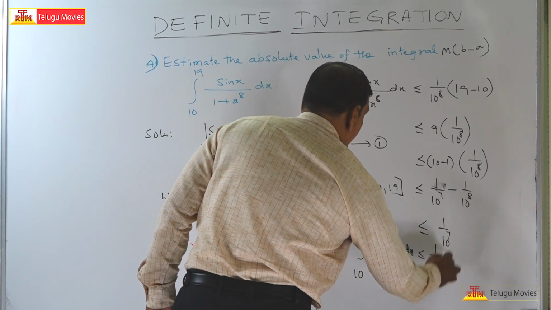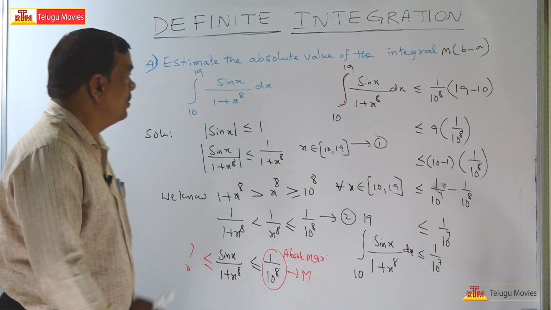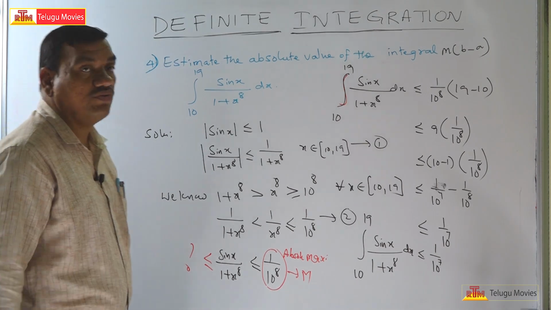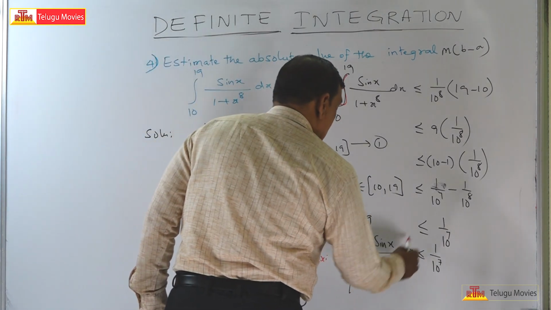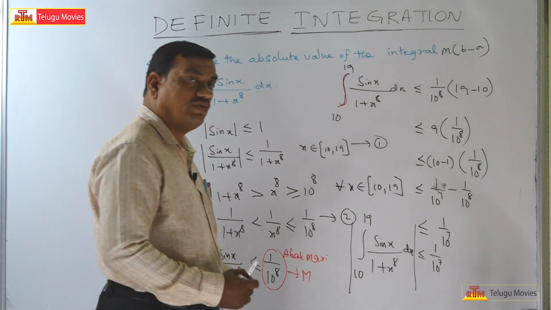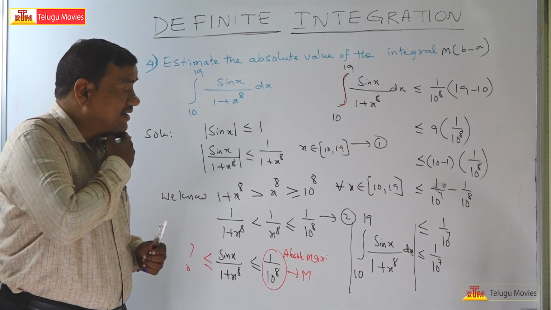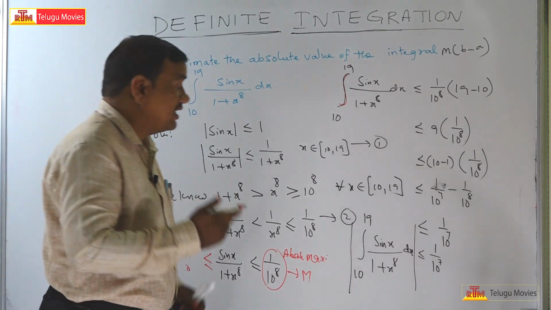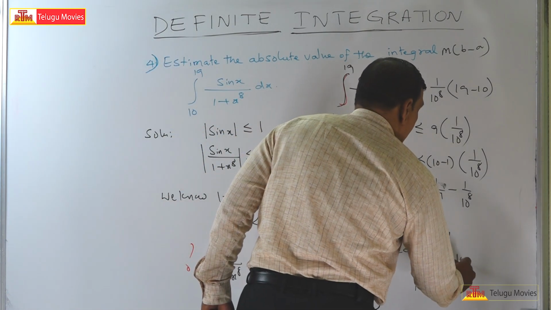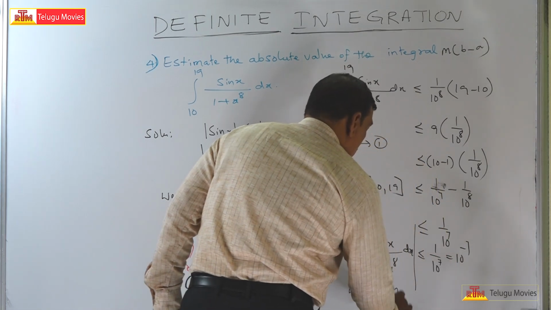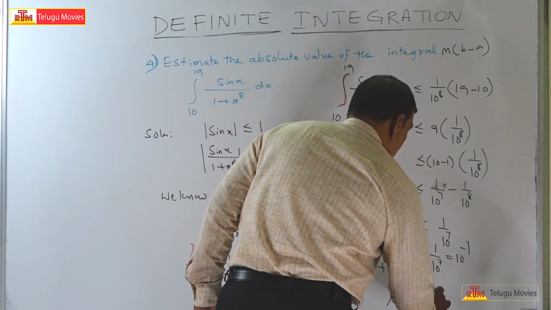Okay, now coming to your absolute value. When you say the absolute value, whatever the value may be, it should be within 1 by 10 power 7. That means this is equal to 10 power minus 7. So your answer should be 10 power minus 8.